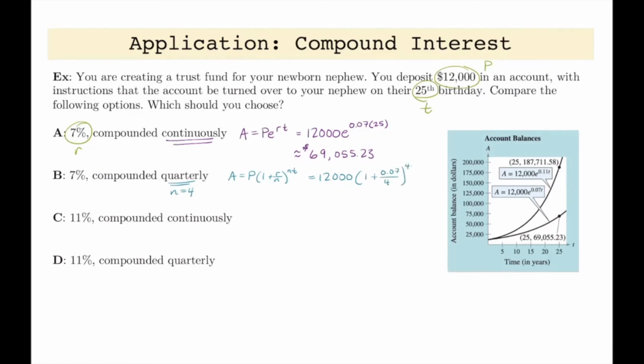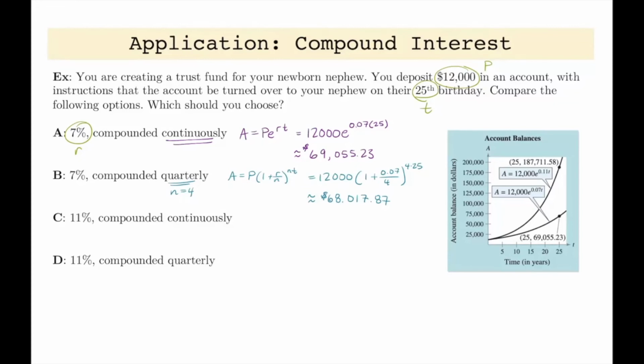And in our exponent, we've got n times t, so that'll be 4 times 25. And if we calculate that out, we get something that's not as good. We get $68,017.87. Okay, so even with the same interest rate, the continuous compounding, just like in the graph that I just showed you, is better than non-continuous compounding.